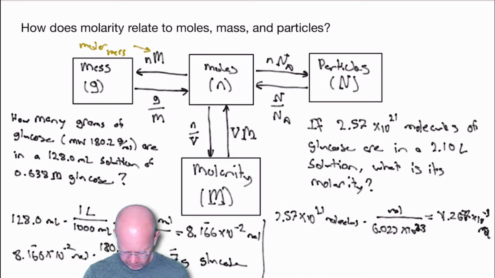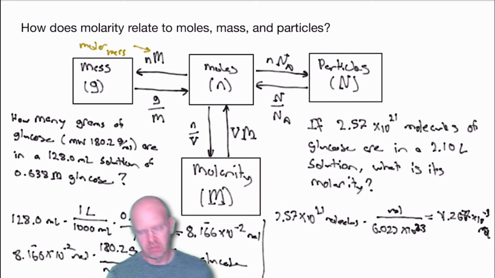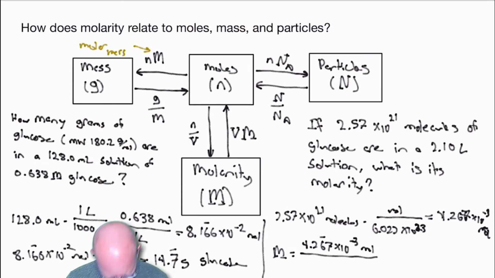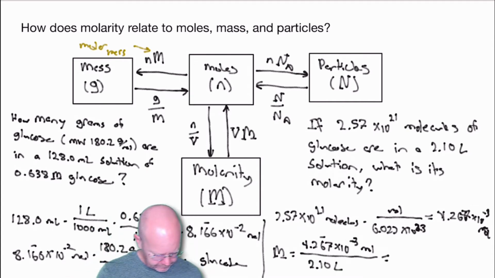Okay, so that's the number of moles that we've got. Now that we have the number of moles and we also have the volume, we're just going to calculate the molarity. So the molarity of the solution is going to be 4.267 times 10 to the minus 3 moles and we know the volume, and it's already given in liters, so it's just 2.10 liters of solution divided by 2.1.